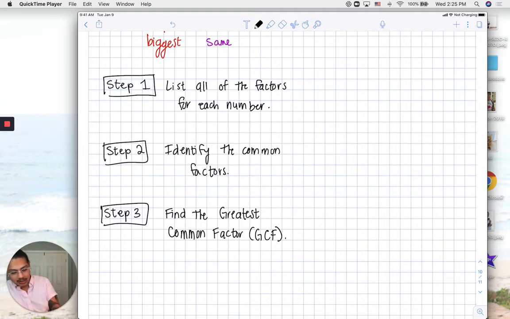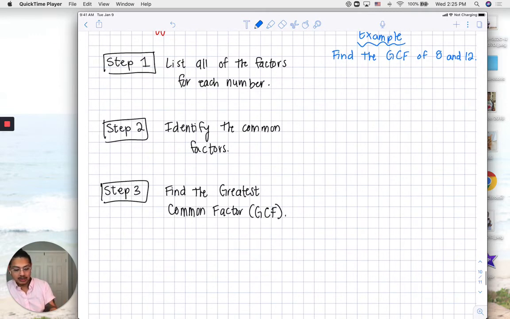Let's take a look at an example problem. So the problem might be presented as, find the GCF, greatest common factor, of 8 and 12.